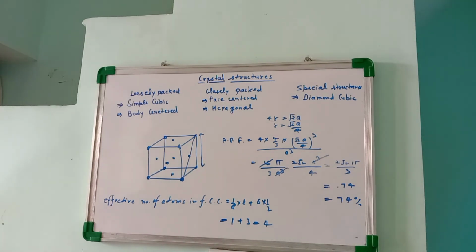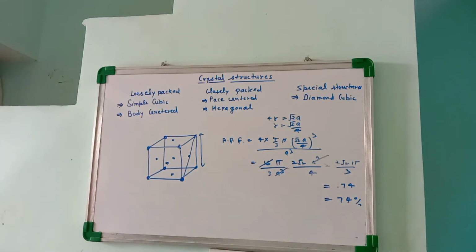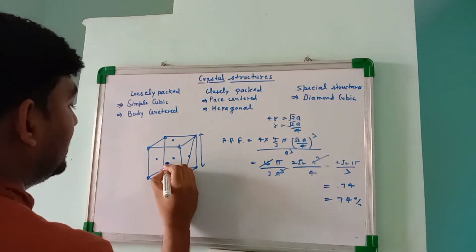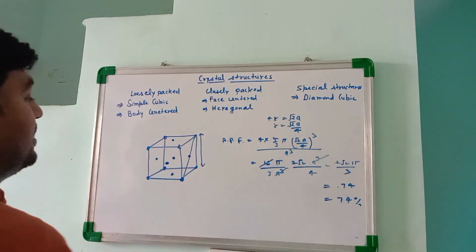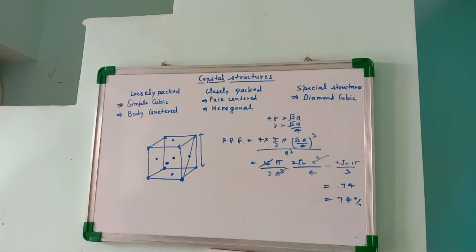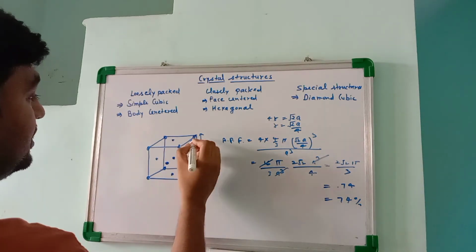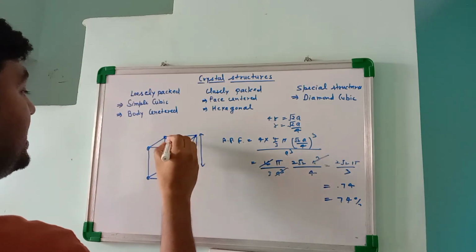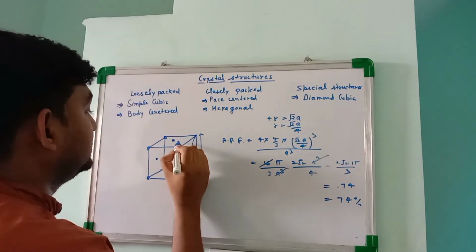And now we see the coordination number for the FCC lattice. Suppose this is the reference atom for FCC, and we have to calculate the nearest neighbor atoms.